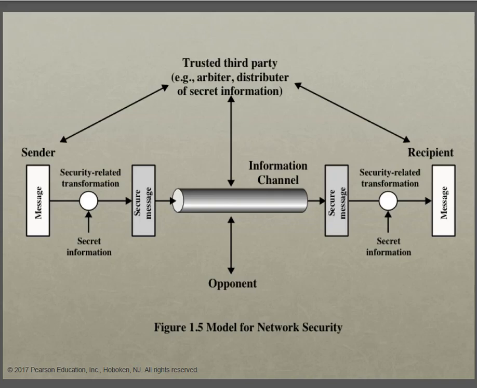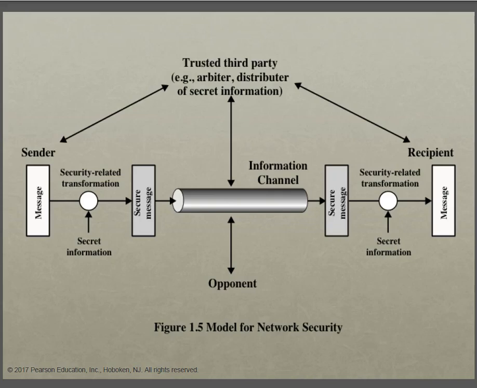A logical information channel is established by defining a route through the internet from the source to the destination. The security aspects come into play when it is necessary or desirable to protect the information transmission from an opponent who may represent a threat to confidentiality, authenticity, and so on.